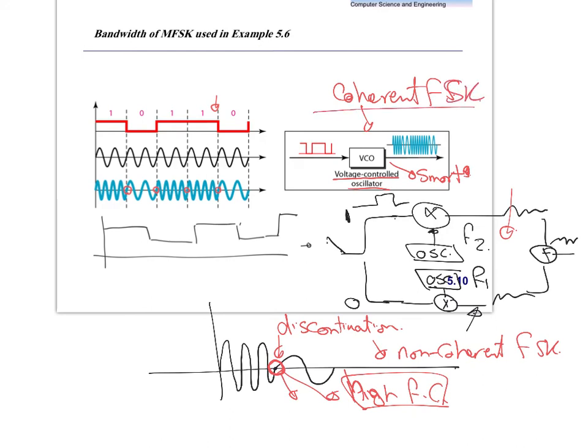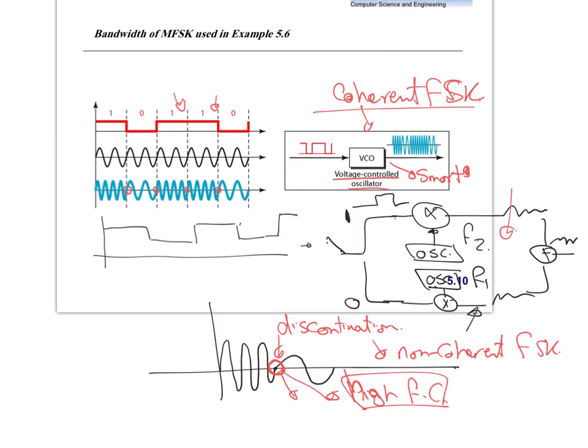Is that clear? So the implementation for FSK is simple. Just feed the 1 and 0 signal to a voltage controlled oscillator, which generates a signal with a different frequency, with a continuation and smoothness that does not have this discontinuation. Hence, the frequency spectrum is more efficient in that case.